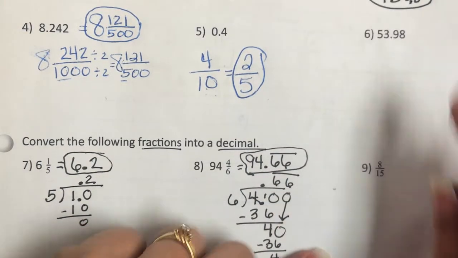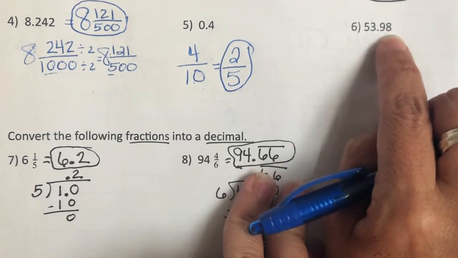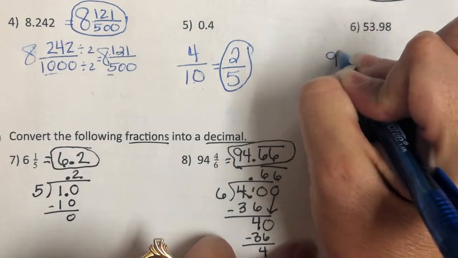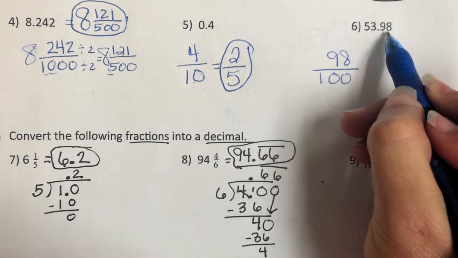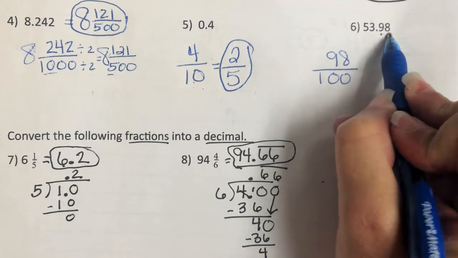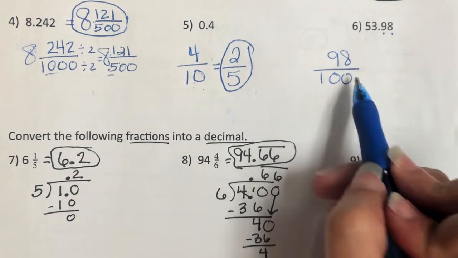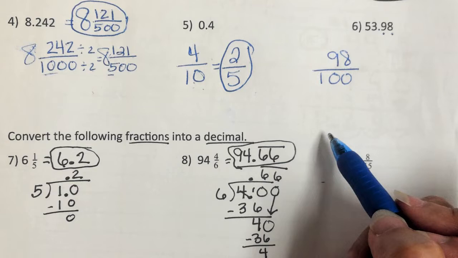Okay. Number 6 is kind of weird. It is 0.98 on the end with the decimal. That means 98 over 100. Listen, the columns are tenths, hundredths. And notice here's the trick. If there's 2 digits on top, you want 2 zeros on bottom.